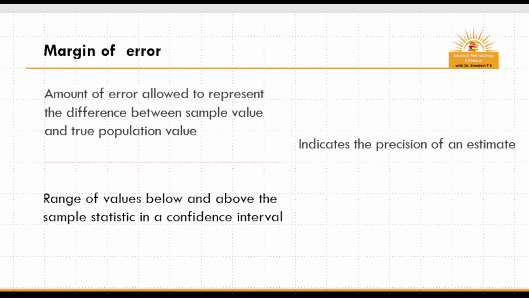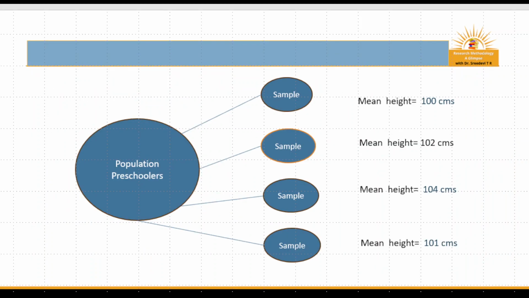Different samples drawn from the same population have different characteristics. When samples are drawn from a population, it is only a part or subset of the population. Samples which are a good representation of the population can only estimate the true population parameter. Look at this figure. This figure shows the population of preschoolers.